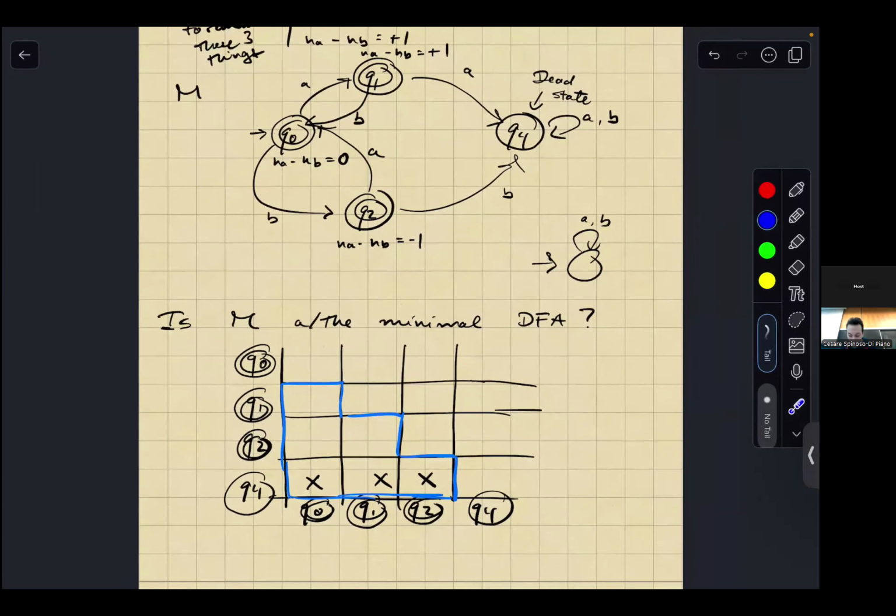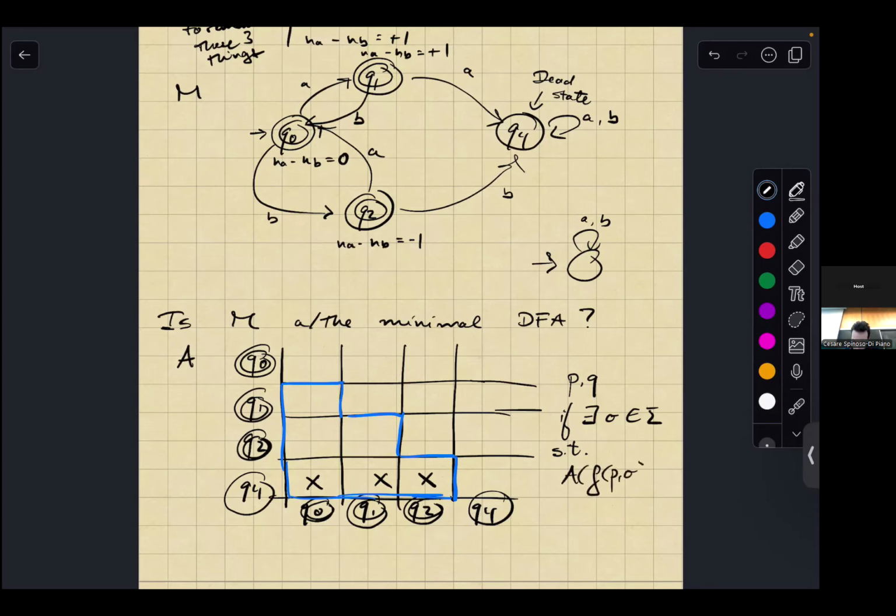Just to remind you, you look at pairs of states P and Q. P and Q are distinguishable if there exists some letter sigma such that, in my table, call it the array A, the pair of states I go to from P and Q are themselves distinguishable.